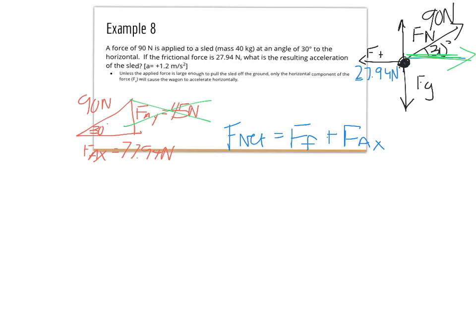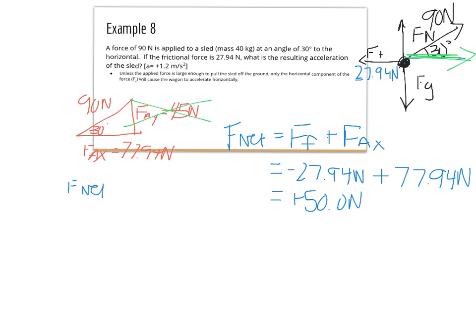Okay, so force of friction is negative 27.94 newtons. And in the positive or x direction, we have 77.94 newtons. We get a net force of 50 newtons. F net equals mass times acceleration.